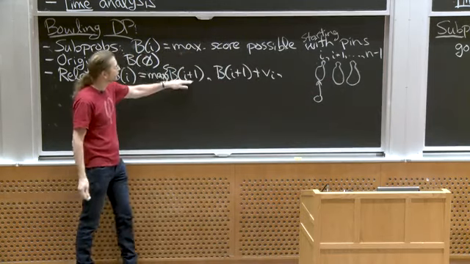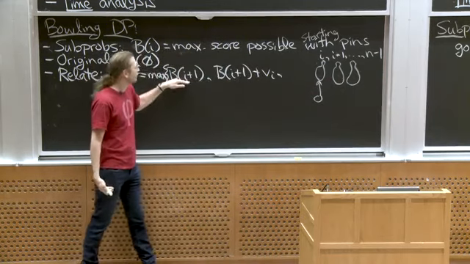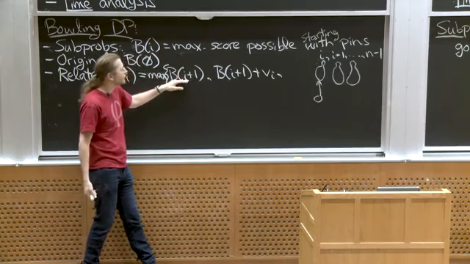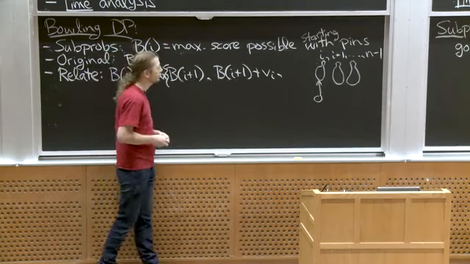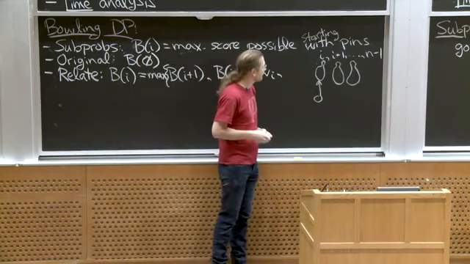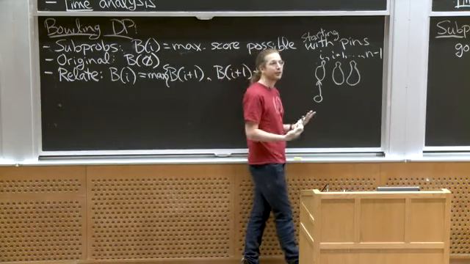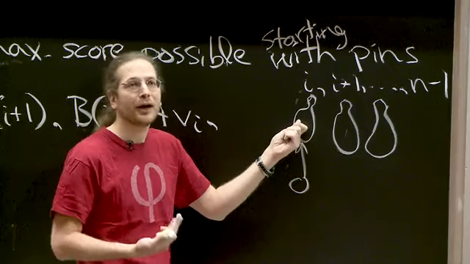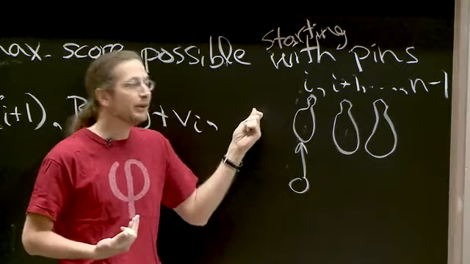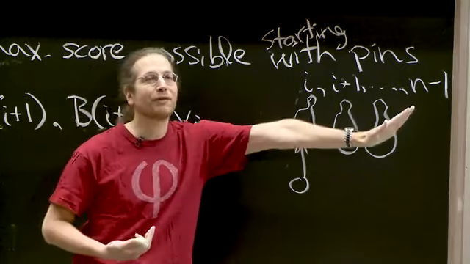Why would I prefer this over this? Well, if VI is negative, I'd prefer this. But if VI is positive, I'd actually prefer this over that. So you can figure out which is better just locally. But then there's another thing I can do, which is maybe I hit this pin in a pair with some other pin. Now, there's no pin to the left of this one. We're assuming we only have the suffix.